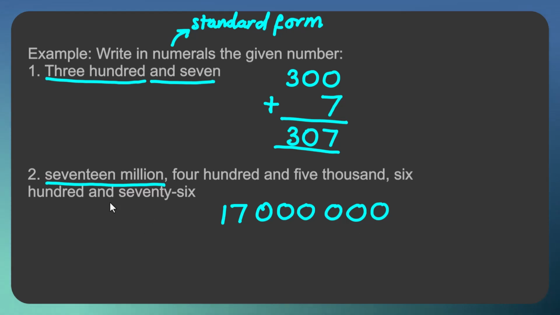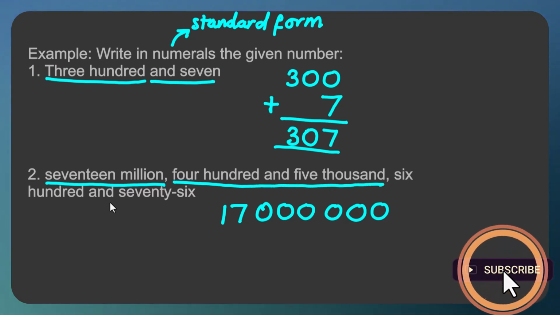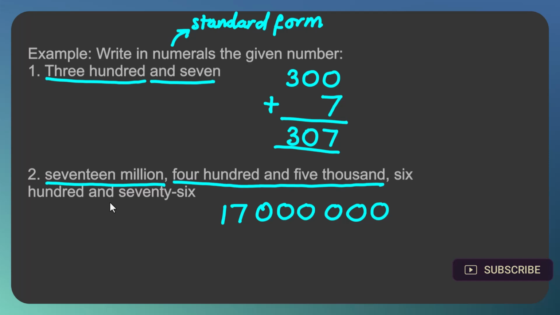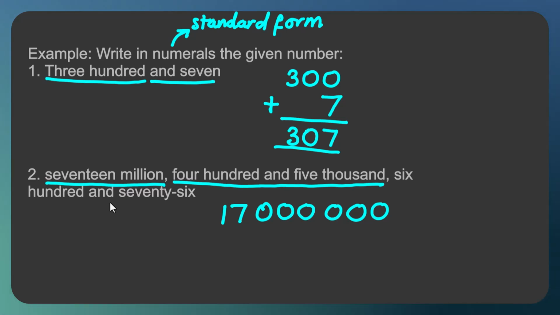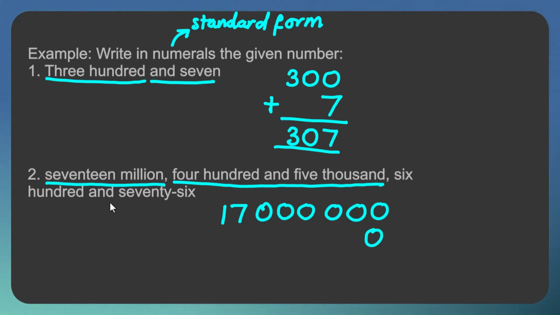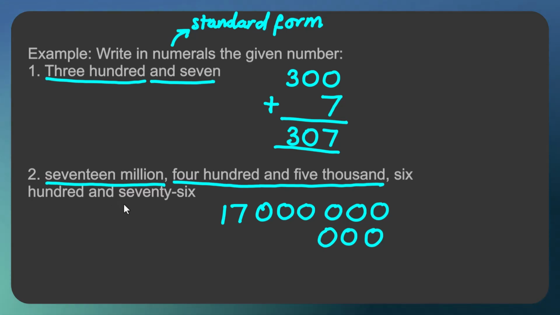Now the next one says that we have 405,000. Right here we have our thousands, so that means we're going to have 3 zeros: 1, 2, 3, working from right to left. Take note that because we're in the hundreds of thousands, we have 405.